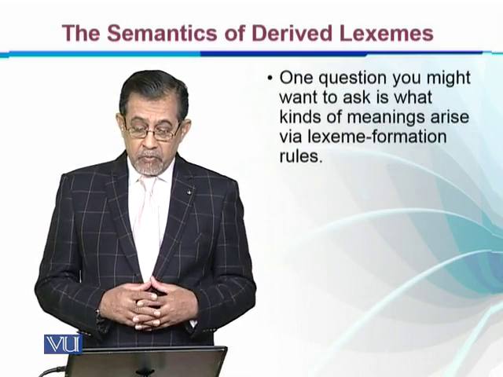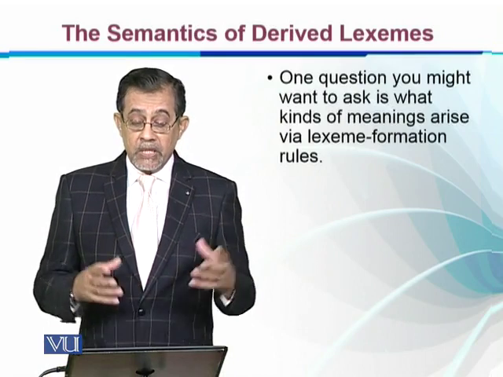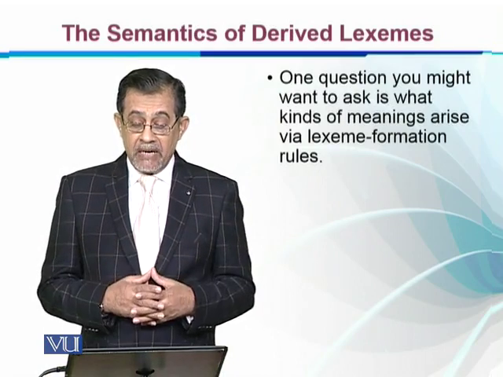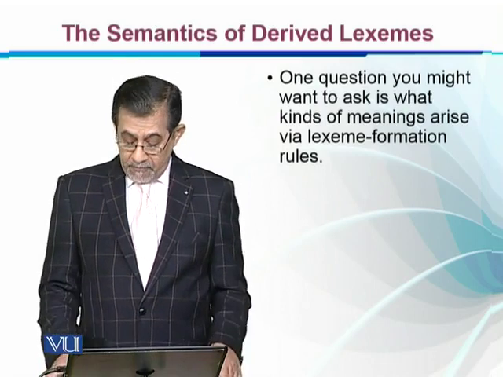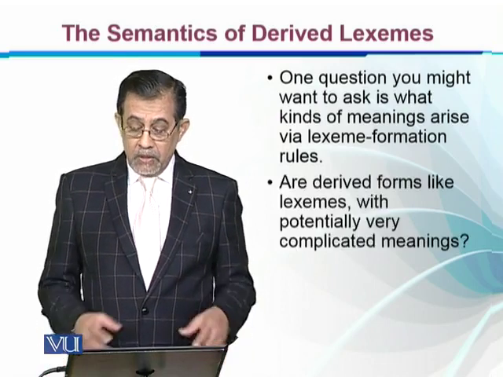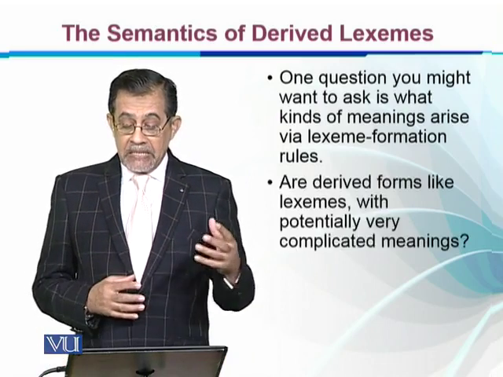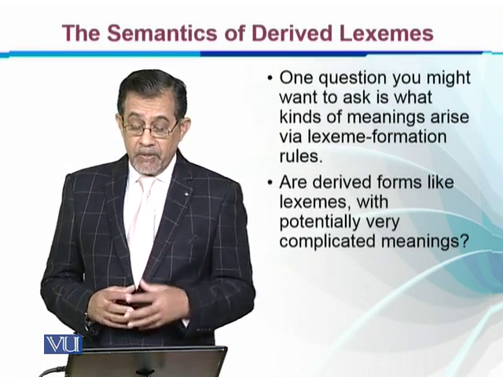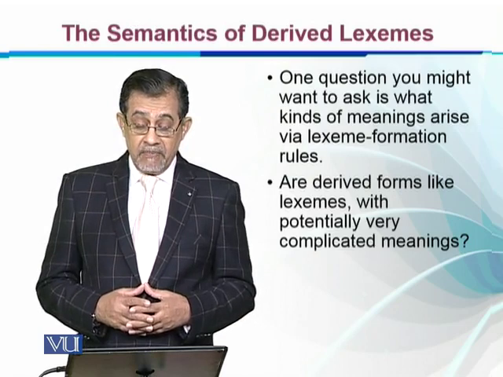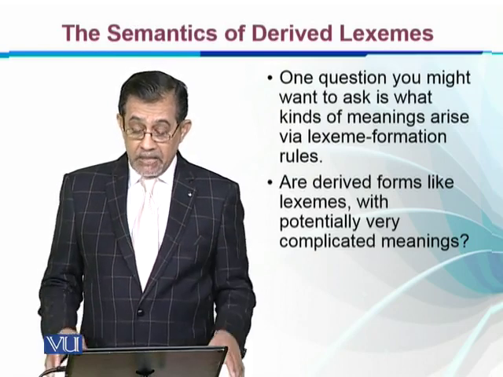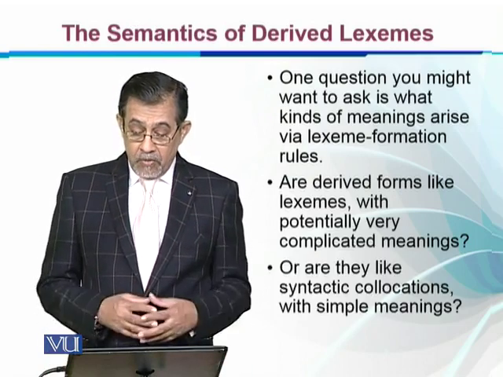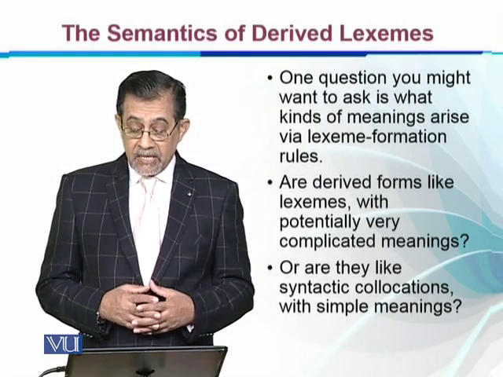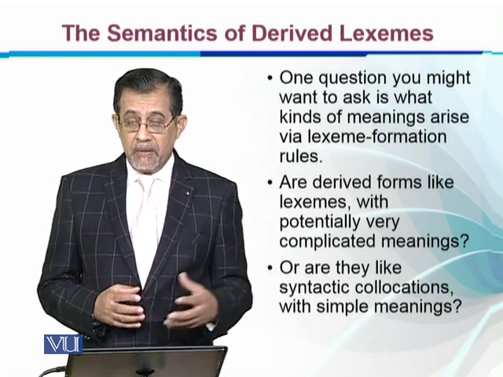One question you might want to ask is: what kind of meaning arises via lexeme-formation rules? Are derived forms like lexemes with potentially very complicated meaning? I mean, the lexemes that we derive have some complicated meaning. Or are they like syntactic collocations with simple meaning?